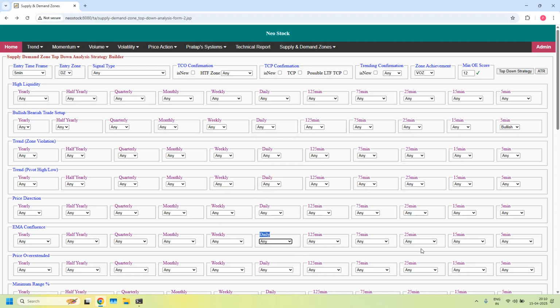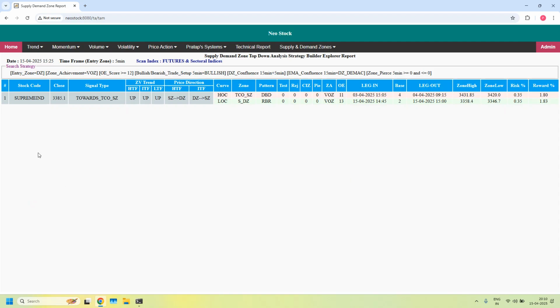Sorry, the 15 minute demand zone with daily, because 5 minutes is overlapped with 15 minutes. So we have to check how many 15 minute demand zones have daily EMA confluence. So we got one stock. This 5 minute demand zone might have a higher probability compared to the other stocks.